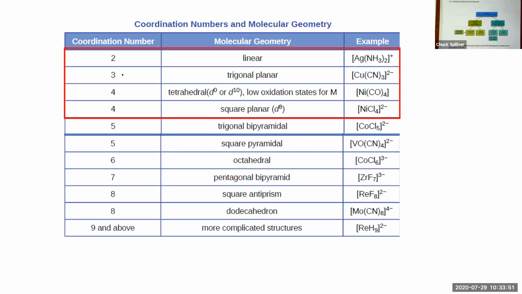I didn't talk about 3, but if you have a coordination number 3, you get a trigonal planar, a flat molecule with 3 coordinate covalent bonds to the central atom. So the most common, as I said previously, are 2, 4, and 6. Those are the ones we'll be looking at in the rest of this chapter.